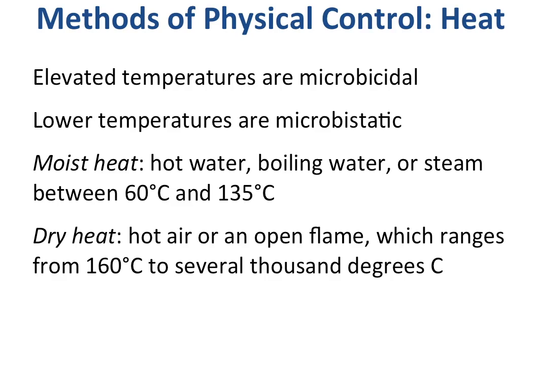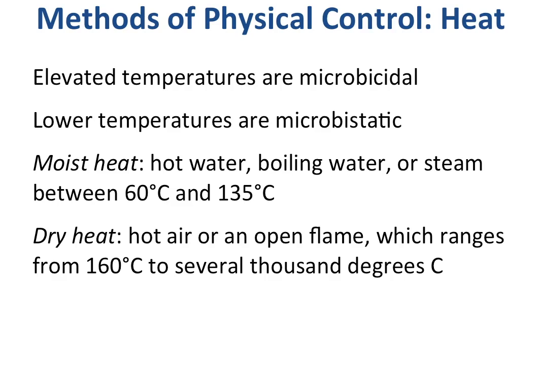Moist heat can be between 60 degrees to 135 degrees. Okay, so moist heat is actually better than dry heat. Dry heat, we just increase the temperature of the air.